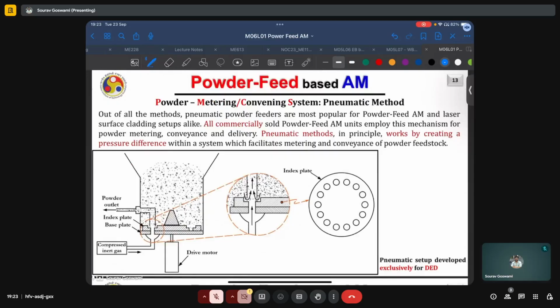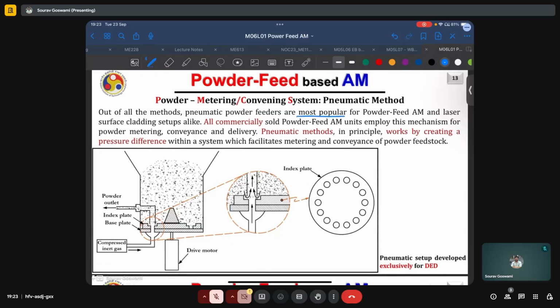A more common and commercially used method for powder metering and conveying is one which uses pneumatic principles. Out of all the methods, pneumatic powder feeders are most popular for powder feed AM and laser surface flattening setups.